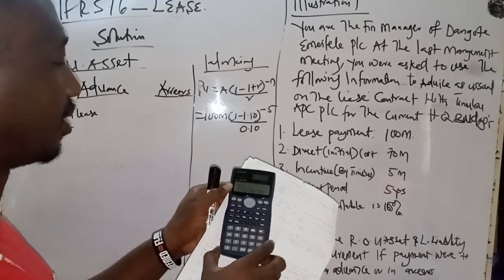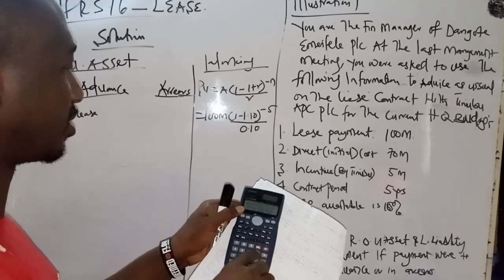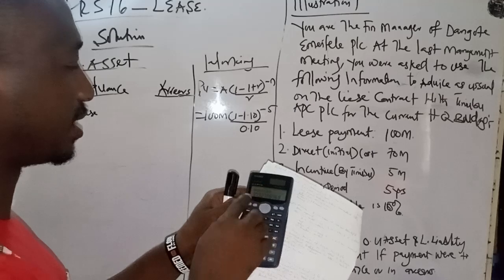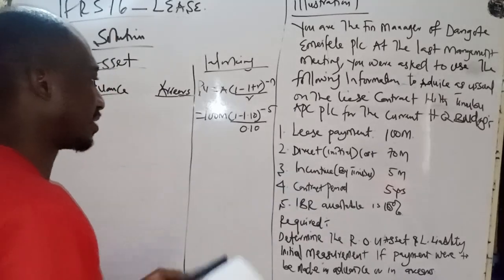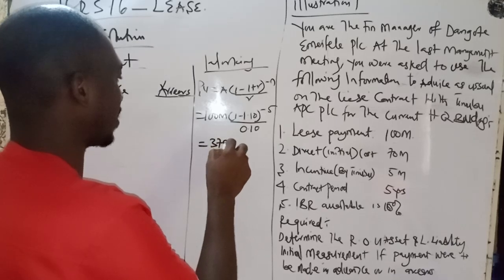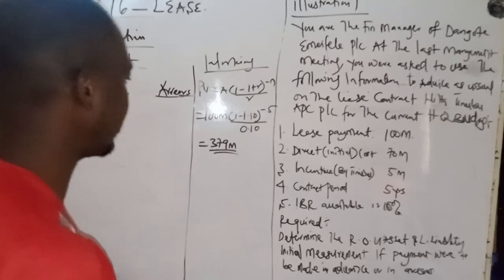Then it will give you 3.790. Then when you multiply it by your 100 million, it gives you 379 million. Our answer is 379 million. So we have gotten the present value of our lease payment.